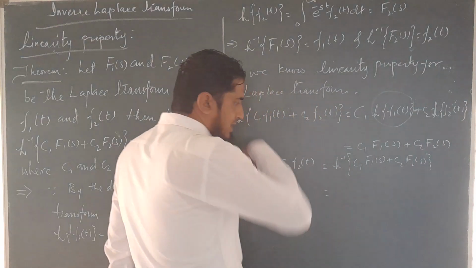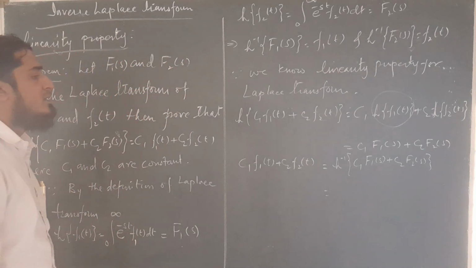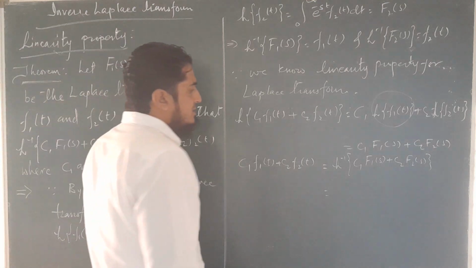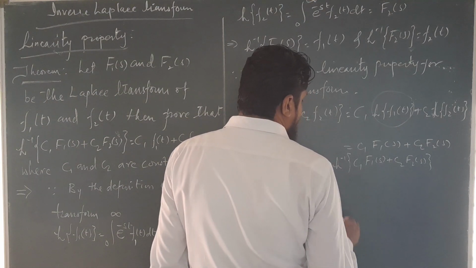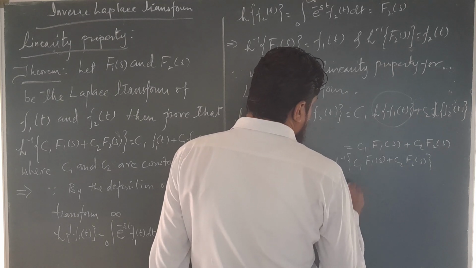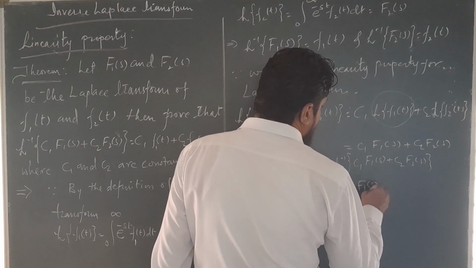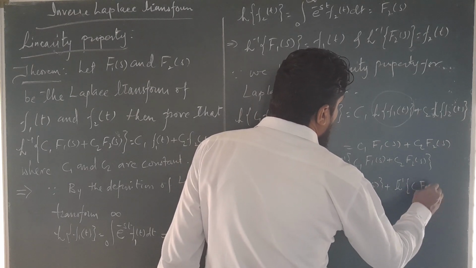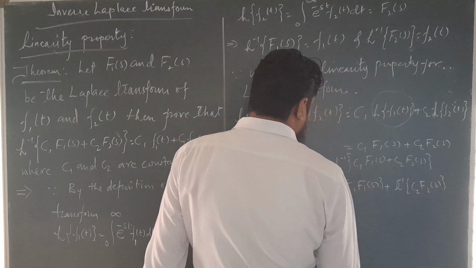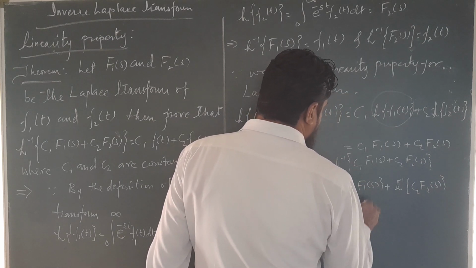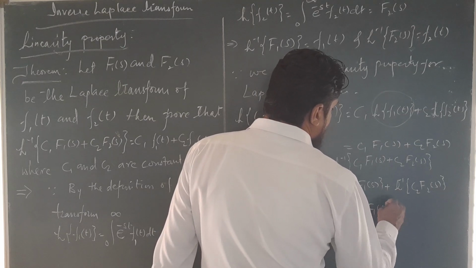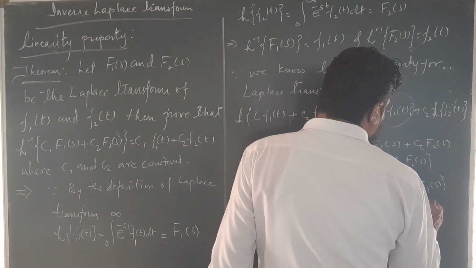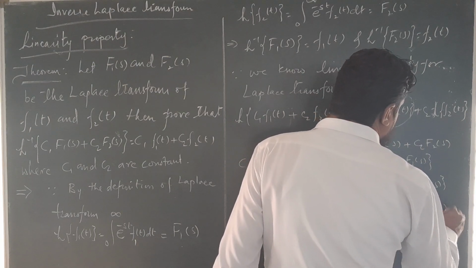As you know, the inverse Laplace transform operator distributes over addition, so we can write it as the inverse Laplace transform of c1 f1 of s plus the inverse Laplace transform of c2 f2 of s, that is, c1 times the inverse Laplace transform of f1 of s plus c2 times the inverse Laplace transform of f2 of s.